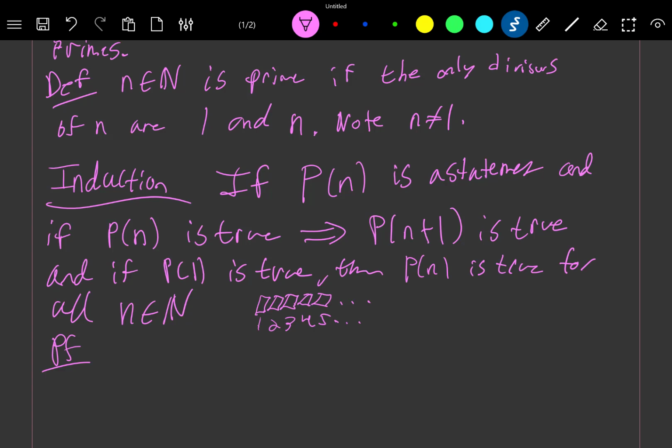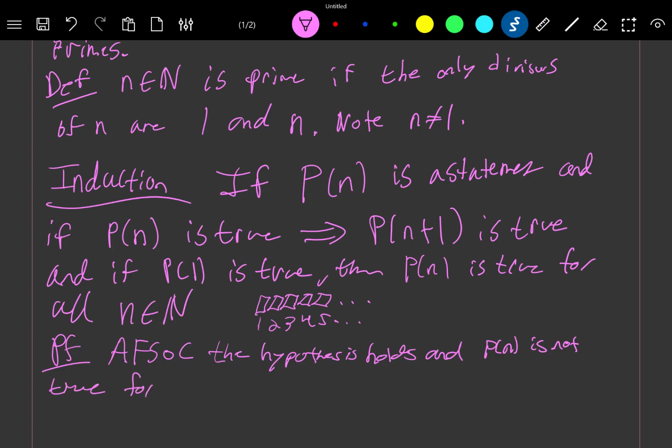So assume for the sake of contradiction that the hypotheses hold and P of n is not true for some n in the natural numbers. Now consider the set X, which is the set of natural numbers such that P of n is not true.